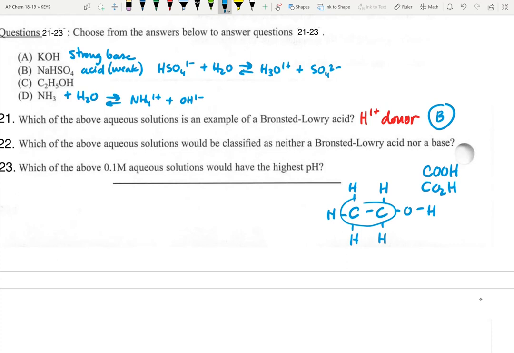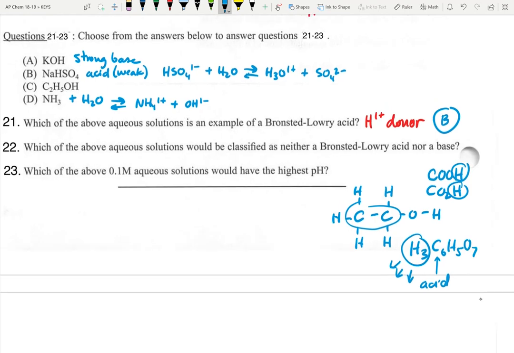Or it might be an acid that starts with hydrogen in the beginning, actually, like citric acid has H3 out in front, and then it has the big organic structure behind it, C6H5O7. In that case, it's a carbon-based organic compound that has some hydrogens in it that it can't lose, those 5, but it also has these 3 hydrogens out in front that can be lost as hydrogens, one at a time, and that makes this an acid because there are 3 hydrogens that can be lost. On the COOH, that hydrogen can also be lost. Same thing here. So be on the lookout for those.